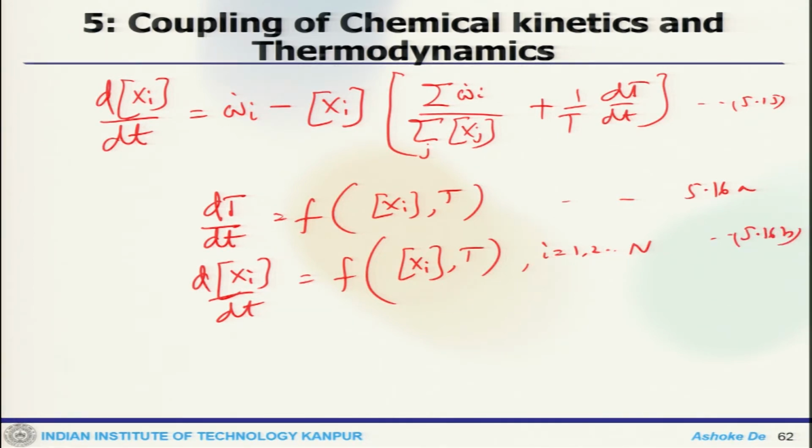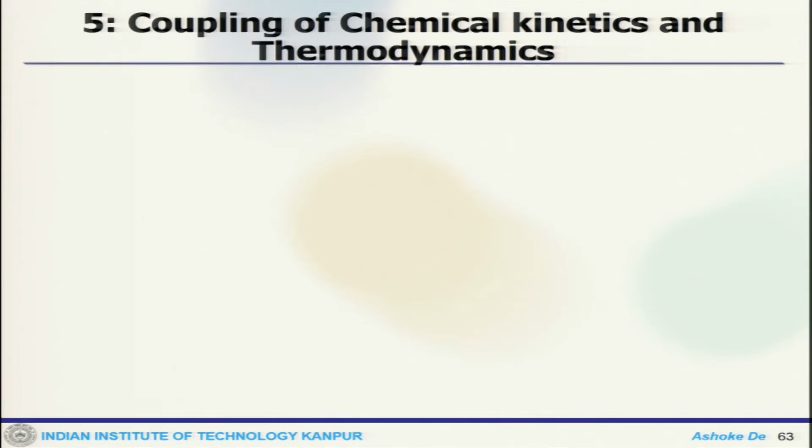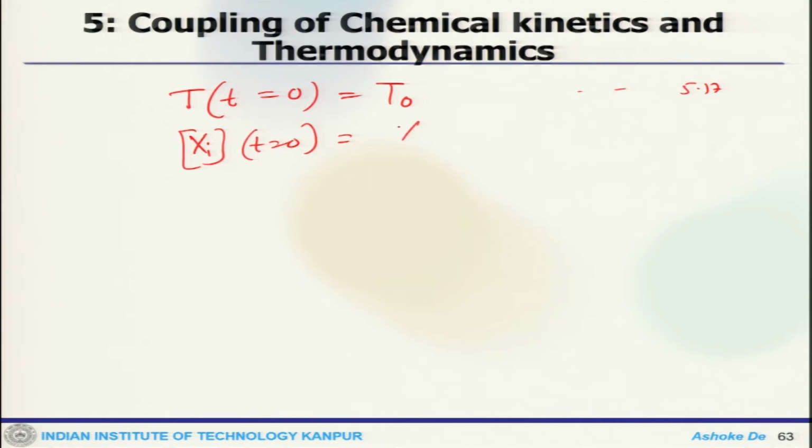So, this is the bottom line, two sets of equations, and the whole idea is to find the solution of these two. These equations are subject to initial conditions, where T at 0 is T naught, and concentration at t equals 0 equals x I naught. So, this is A and this is B.